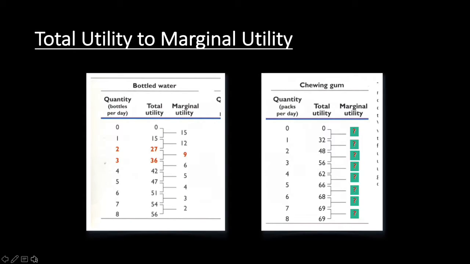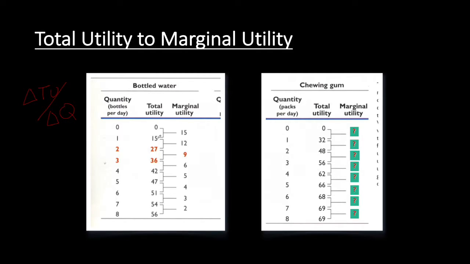So here we have an example of marginal utility. I'm just going to pen on the screen kind of the formula for finding marginal utility. So marginal utility is found as the change in total utility divided by the change in quantity. So for example, as I go from 0 to 1, my marginal utility is 15.